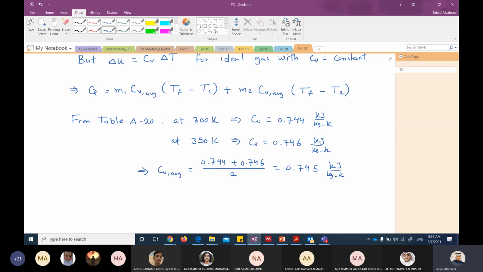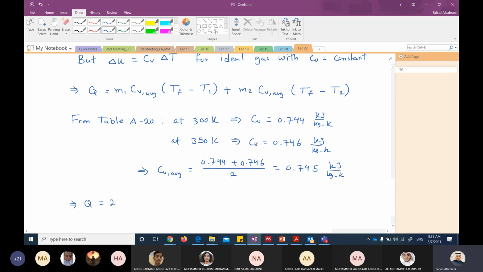So you take 300 Kelvin and find the specific heat, then find it at 350, and then take the average. This is sort of an average temperature. Okay, that's it. Now I can rewrite my problem and substitute numbers.